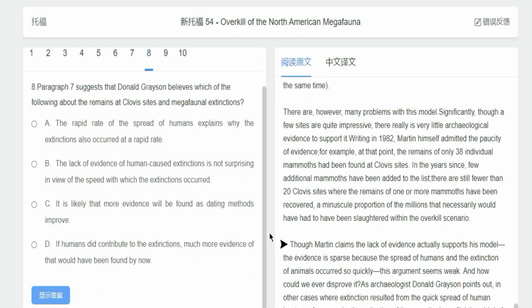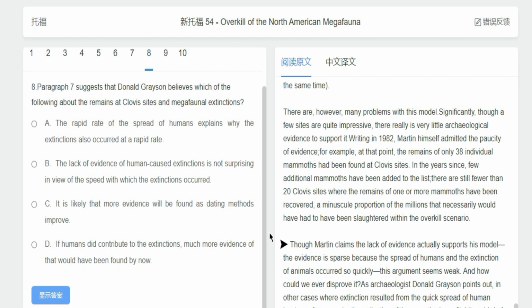Number 8. Grayson rejects Martin's overkill hypothesis for the reason that there's not enough evidence. So you need to look for an option that talks about that. A is no. B supports Martin's view, so no. C again supports Martin's view, so C is not it.